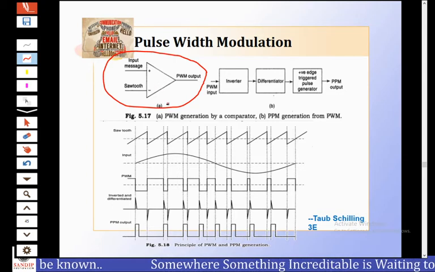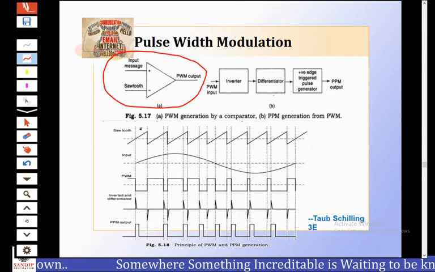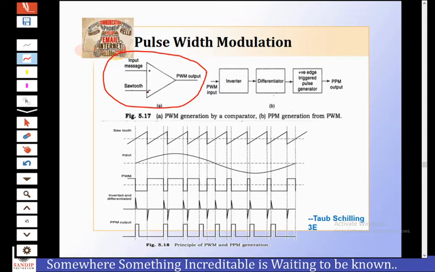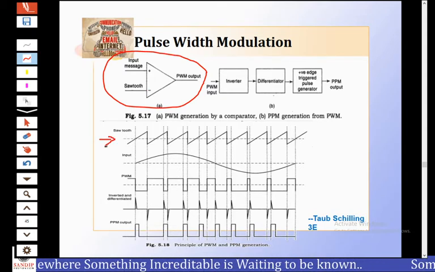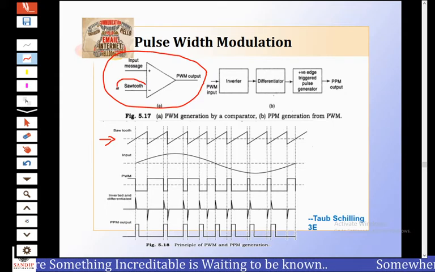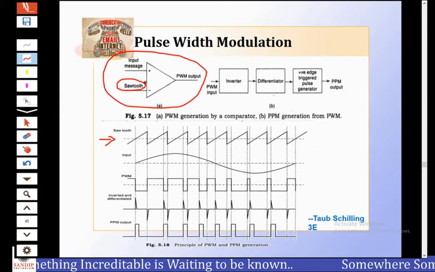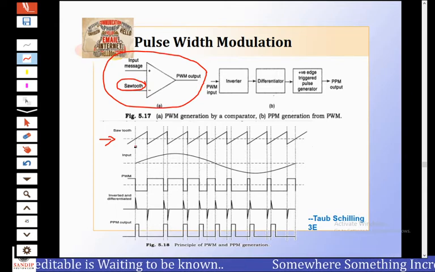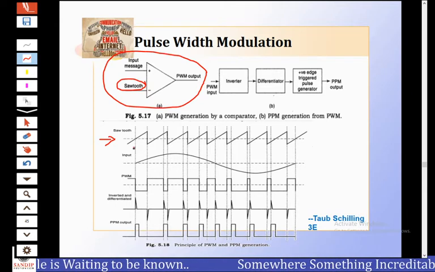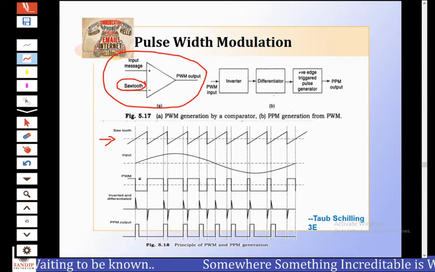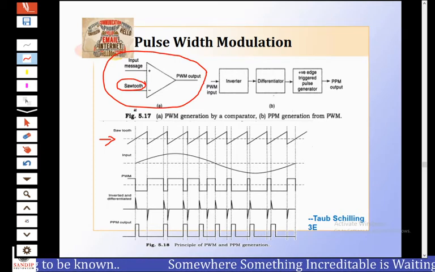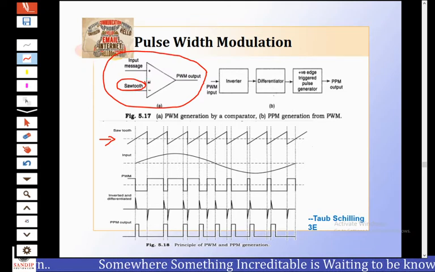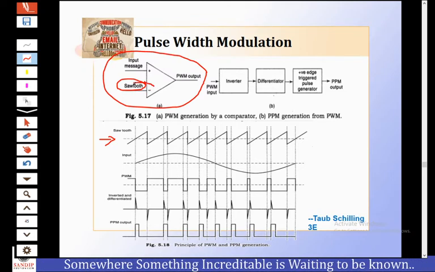Here a sawtooth generator generates a sawtooth signal of frequency fs. Therefore the sawtooth signal in this case is the sampling signal, and it is applied to the inverting terminal of a comparator.